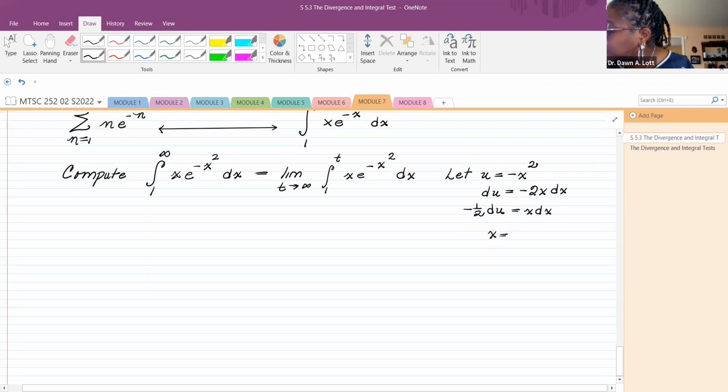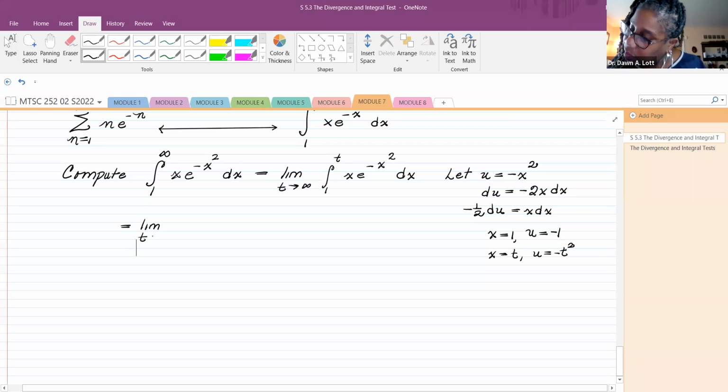If x is equal to 1, u is equal to negative 1. If x is equal to t, u is equal to negative t squared. Okay. So this is the limit as t approaches infinity. I'm going to make a complete substitution here. So somebody help me out with my complete substitution.